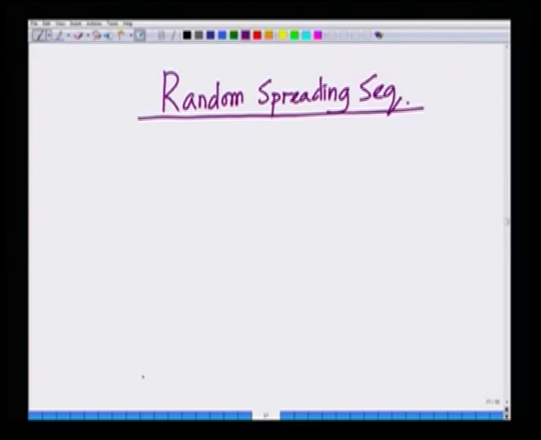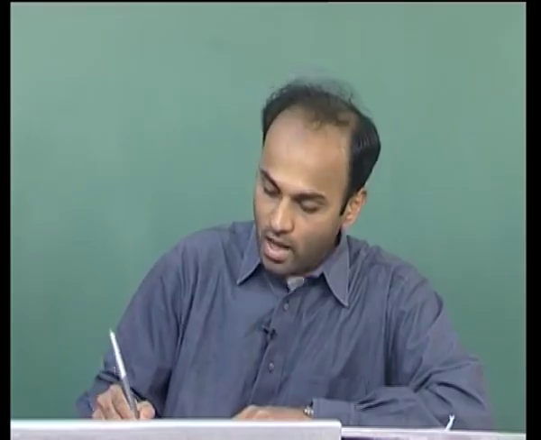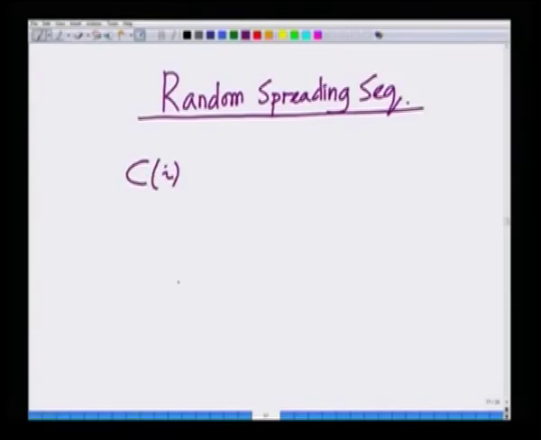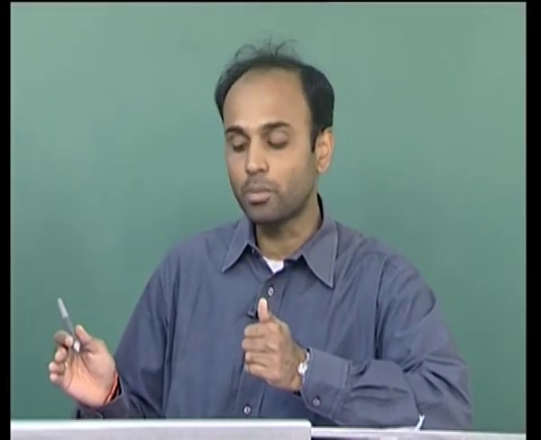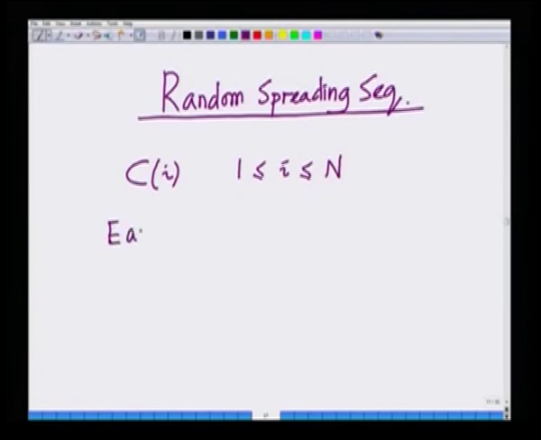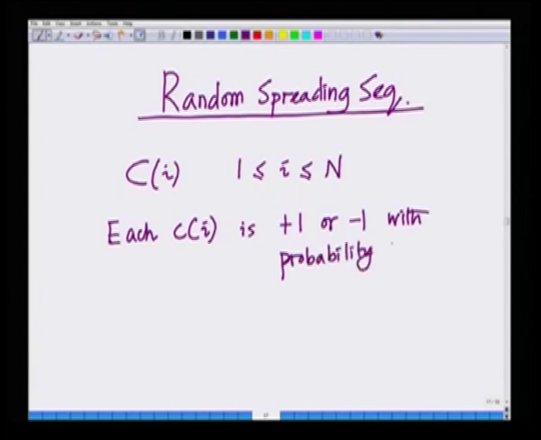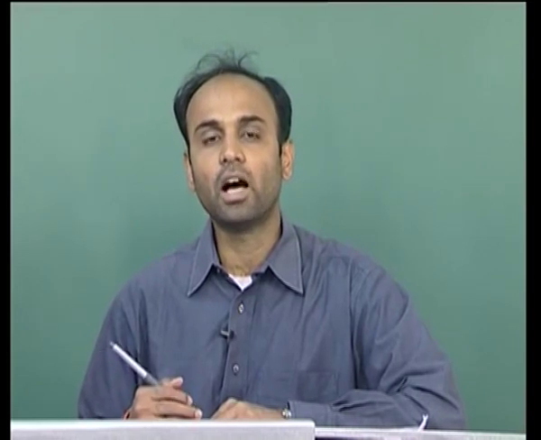Now, let me consider a random sequence Ci for 1 less than or equal to i less than or equal to n, that is, I am considering a total of n such chips such that each Ci is plus 1 or minus 1 with probability half, that is, each chip is either plus 1 or minus 1 with probability half. It is like tossing a coin.